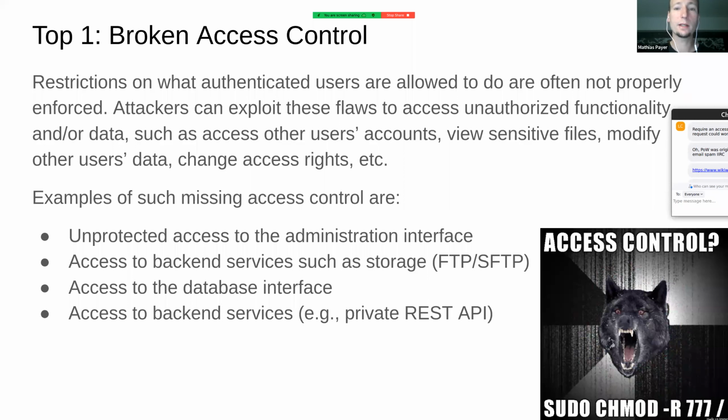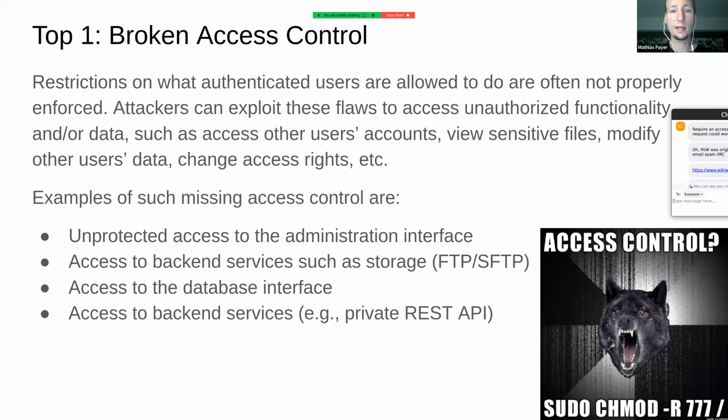So if there's a bug in the access control logic of the web application, user 1 can simply access the data of user 2. There could be issues of viewing sensitive files, modifying other users' data, changing access rights, and so on, right?